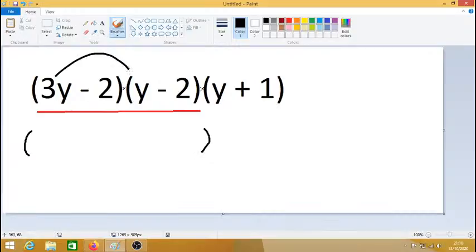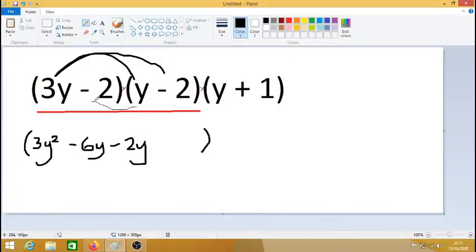So let's do 3y times y is 3y squared. 3y times the minus 2, that's minus 6y. Then switching, it's the minus 2 times the y, that's minus 2y.